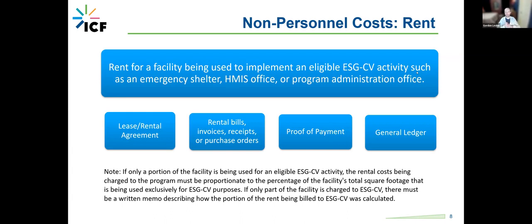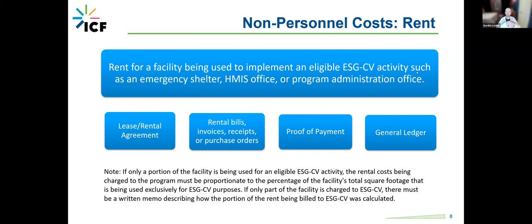Please note, and this is an important note, if only a portion of the facility is being used for an eligible ESG CV activity, the rental costs being charged to the program must be proportionate to the percentage of the facility's total square footage that is being used exclusively for ESG CV purposes.